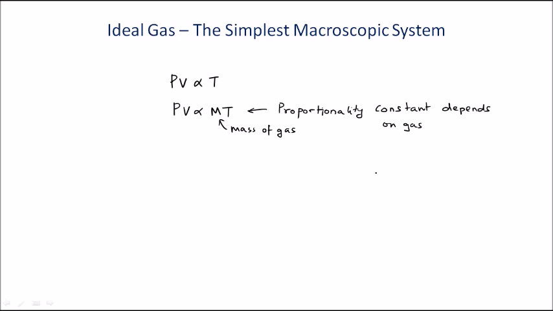Avogadro in 1811 suggested that PV is proportional to the number of particles of the gas, regardless of what the gas is.